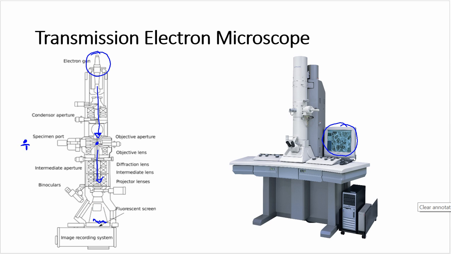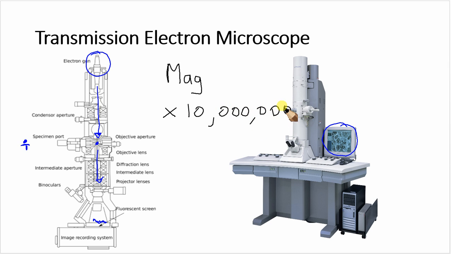So the two key differences that you need to recall in the exam about electron microscopes, the first one is with regards to magnification. Now, depending on what source of information you read, you'll probably get different answers, but by and large the magnification can be 10 million times.